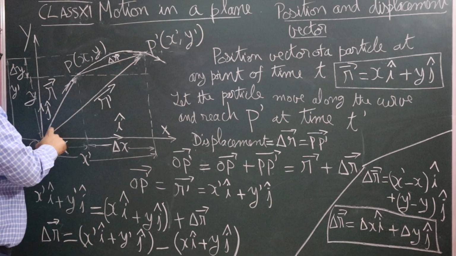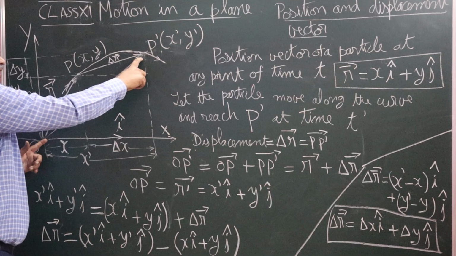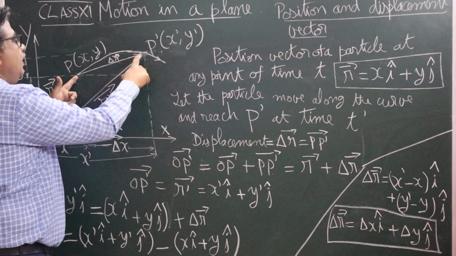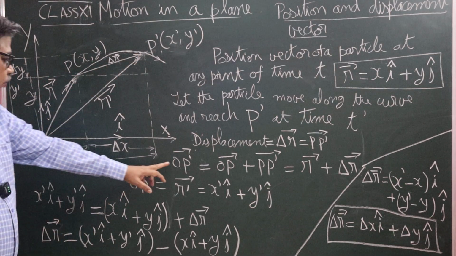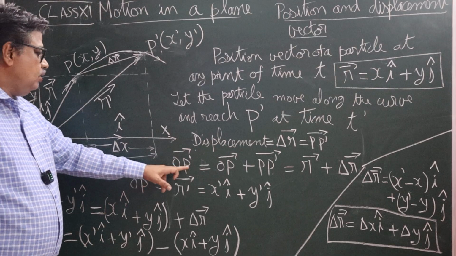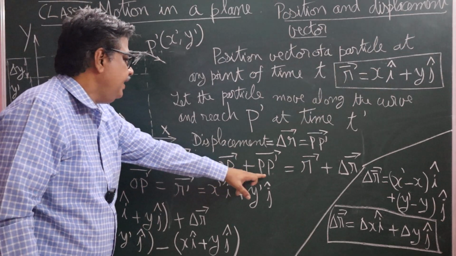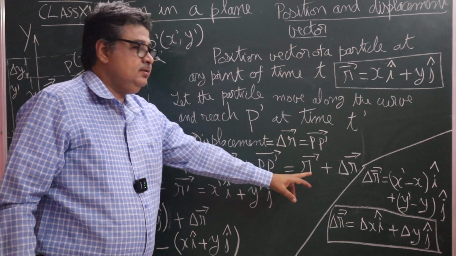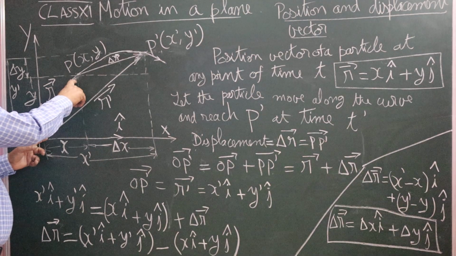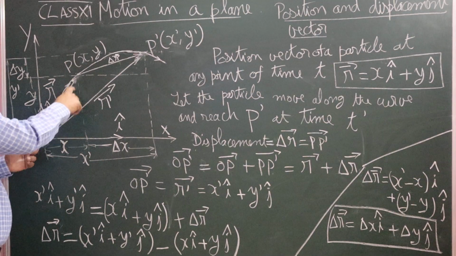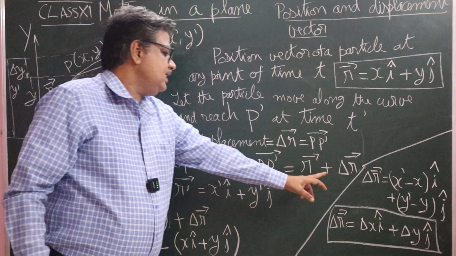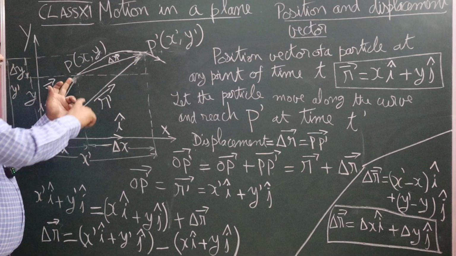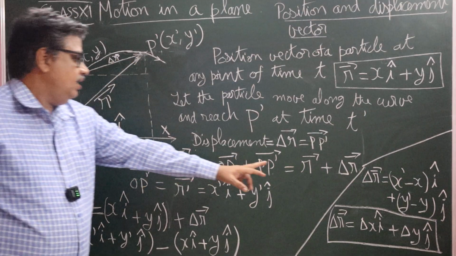This is a triangle. OP vector is r vector, and PP dash vector is del r vector, the displacement.